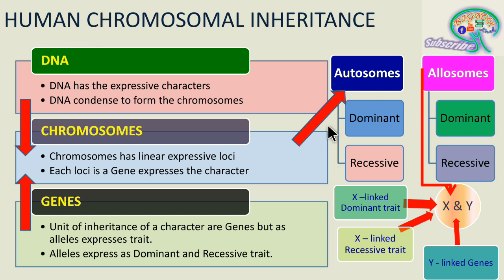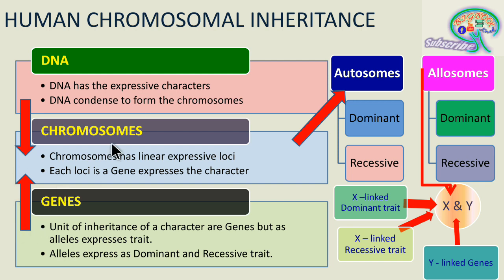Here we can see the DNA, chromosomes and the genes. DNA is the expressive character. Whatever part of the DNA is expressive is the only part considered for the study, and this DNA gets condensed into the chromosomes.